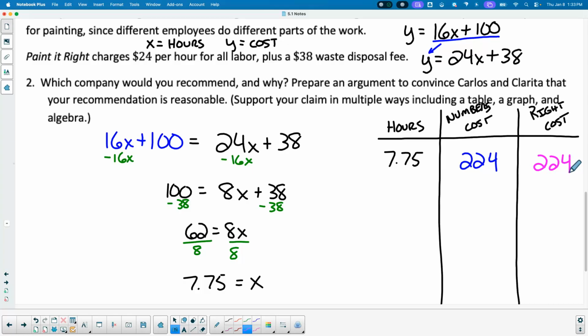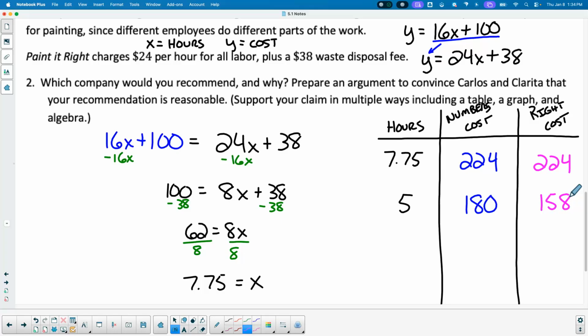Okay, let's make it easy on ourselves. Let's go with 5 hours. 5 times 16 is 80, plus 100 is 180. 5 times 24 is 120, plus 38 is 158.